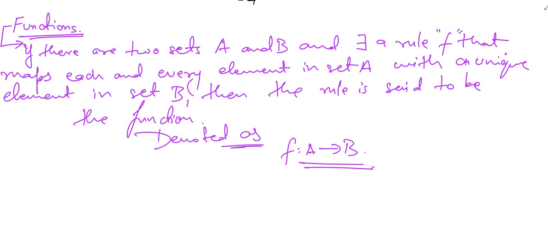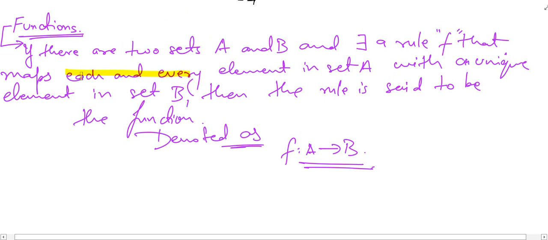See, this point is very important, each and every element, because if this is violated, the rule is not a function. It may be something else, but it can't be a function. Each and every element in set A with a unique element in set B, then the rule is said to be a function, denoted as function from A to B.